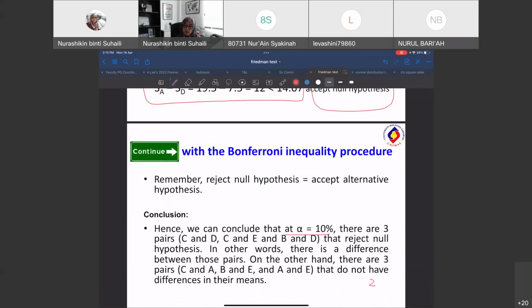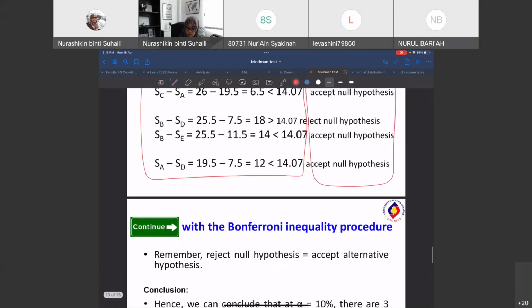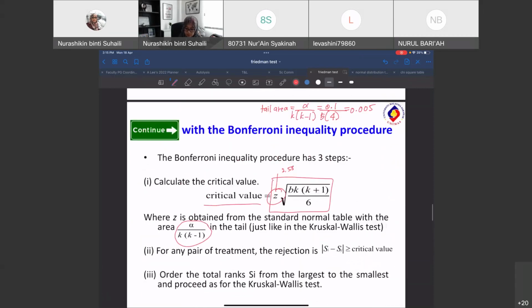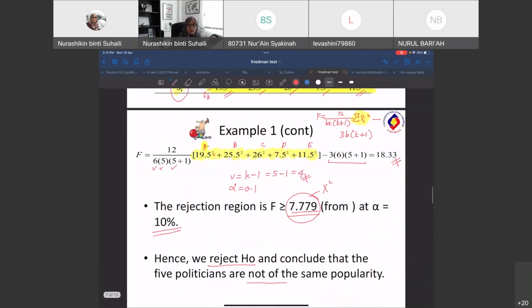So if you have familiarized yourself with Kruskal-Wallis, this is just another extension, I can say, or maybe there is a similarity, isn't it? So you can expect how to solve it. It's just that you have to calculate the F parameter, and you have to compare the F with the chi-square, right?